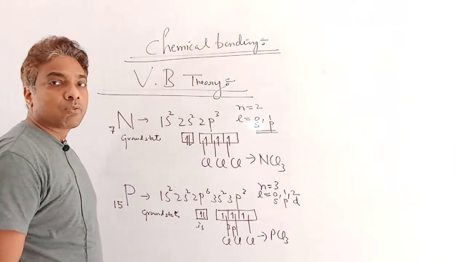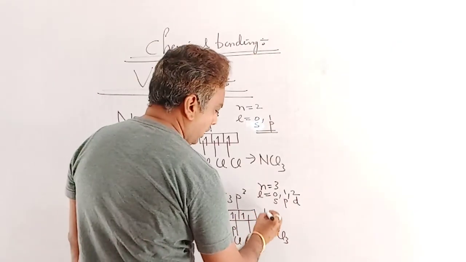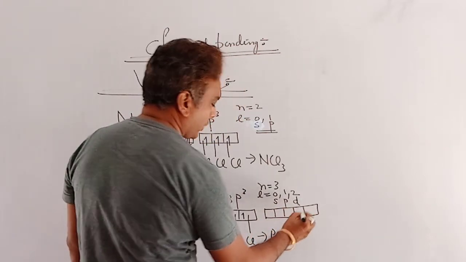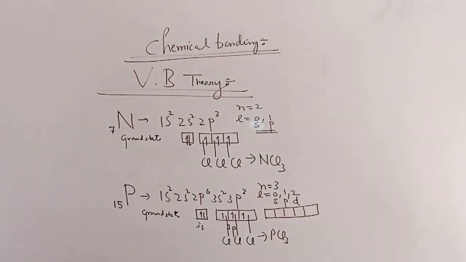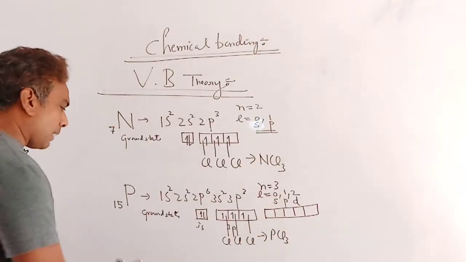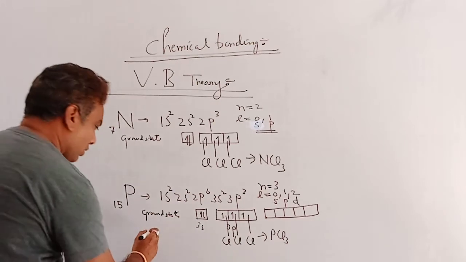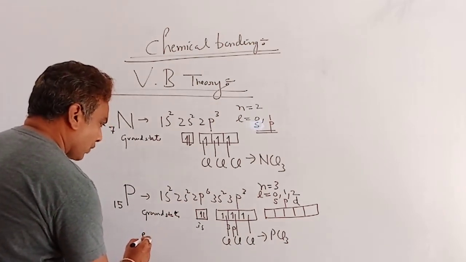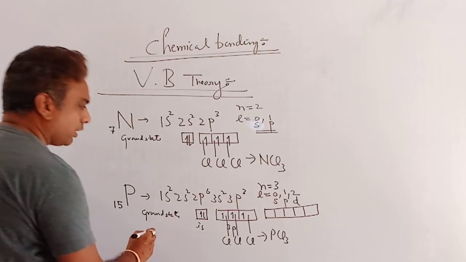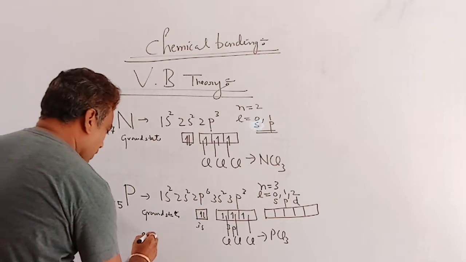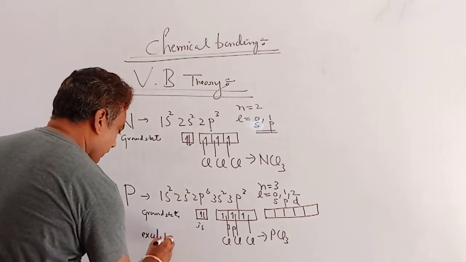So in case of phosphorus, the d subshell is vacant, with 5 orbitals. And if phosphorus absorbs energy from an outer source, then its 3s electron jumps from 3s to the vacant 3d orbital, which is known as the excited state.